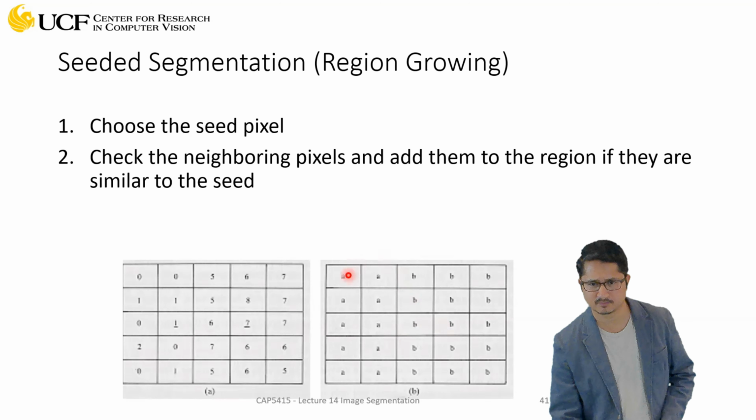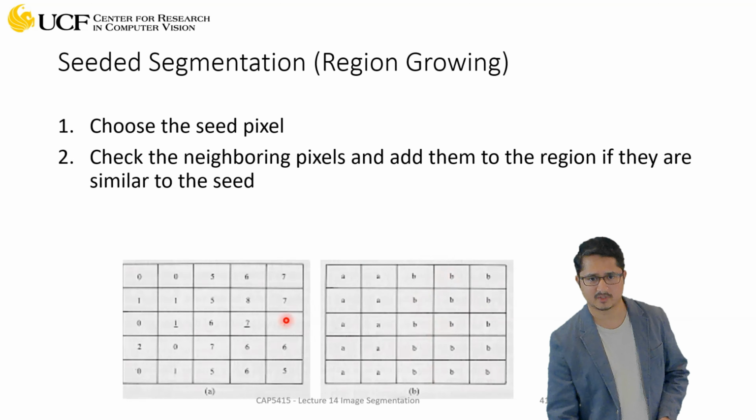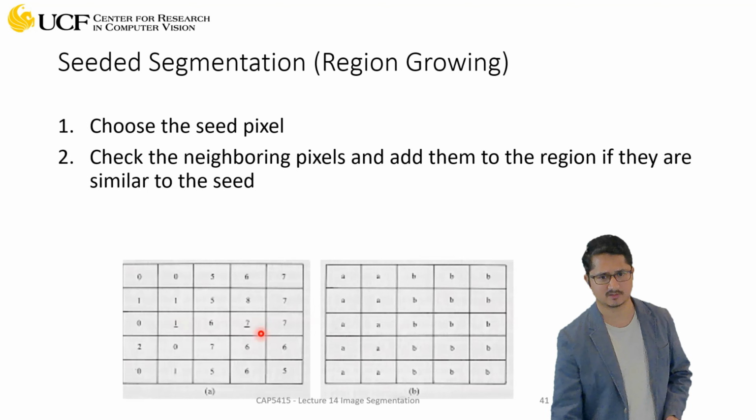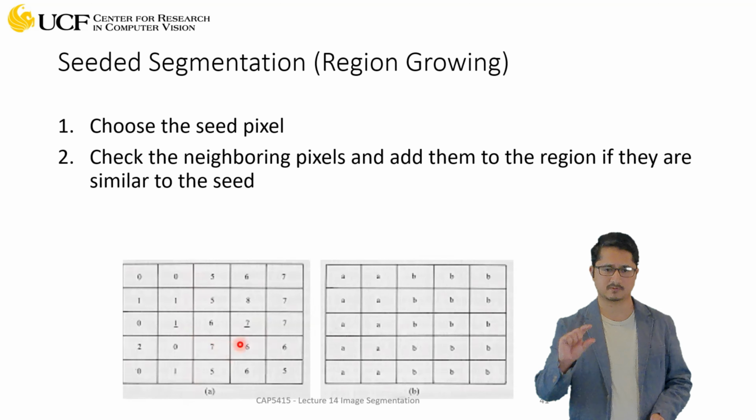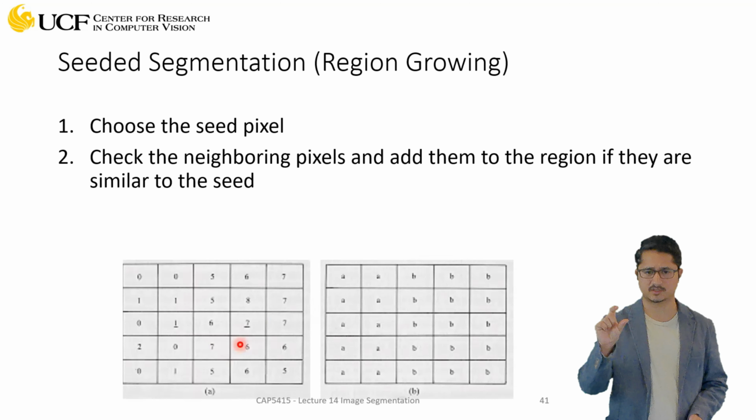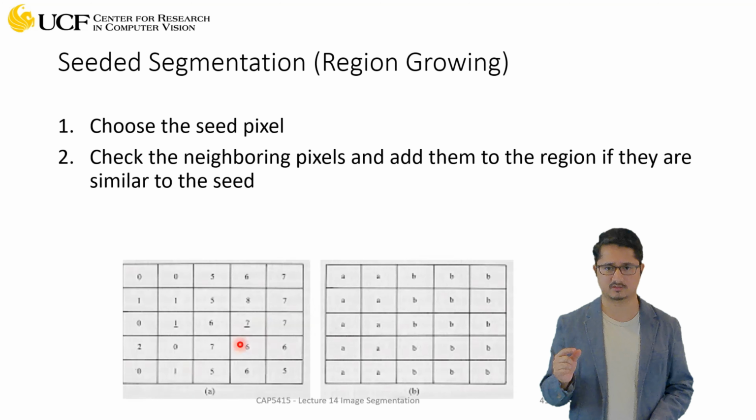One is A and the second one is B. The A was coming from this 1 as a seed, and the second region is coming from this 7 as a starting seed. And the reason is that beyond this column, all these pixels have values greater than 2, right? So they won't meet that threshold.